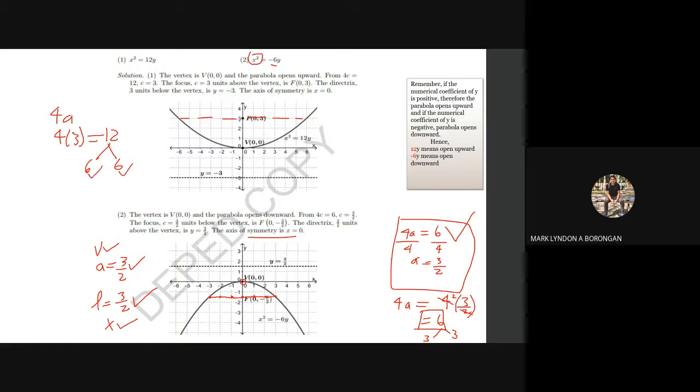Atong focus is 3 man, 'di ba? So ato ang endpoint diari at ang coordinates niya will just be negative 6 and 3, 'di ba? Kay going to the left man ka, so ma-negative gyud na. Diri kay going to the right man ka, 6 gyapon imong gamiton and copy ra gyapon nimo imong focus. Ana ra kadali guys.